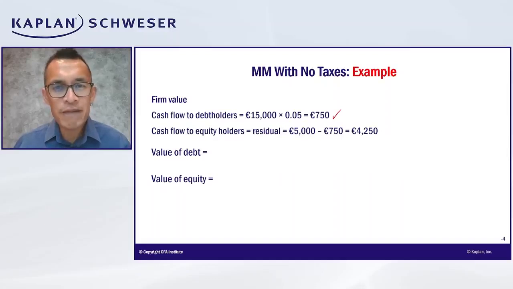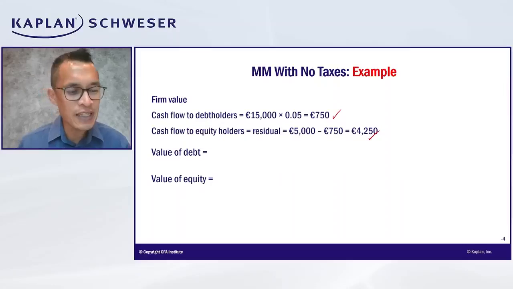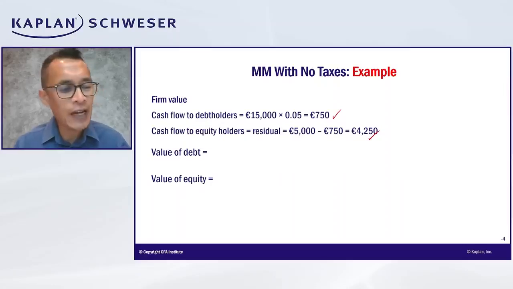So by default, the remaining $4,250 is going to revert to the equity holders. To value the debt and equity as a perpetuity, as stated in the assumptions in the case facts, we're going to use those cash flows in the numerator and the cost of capital in the denominator.